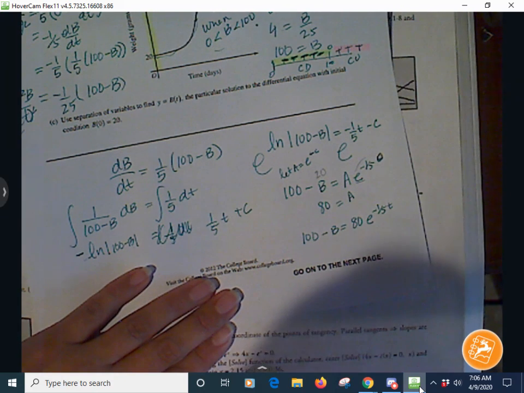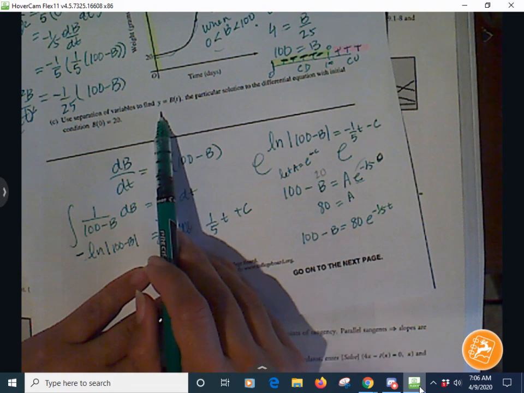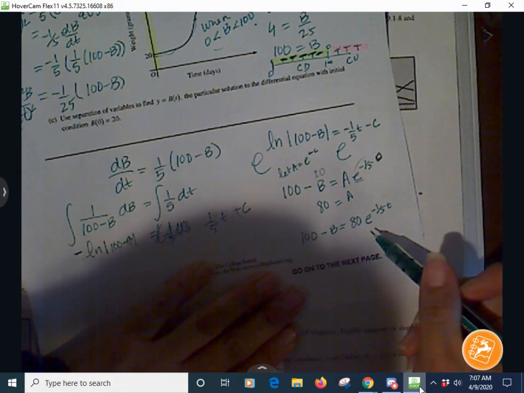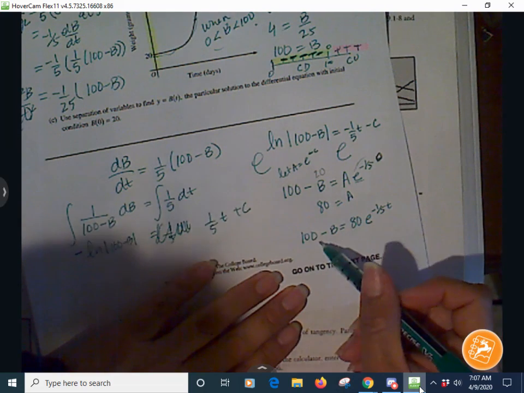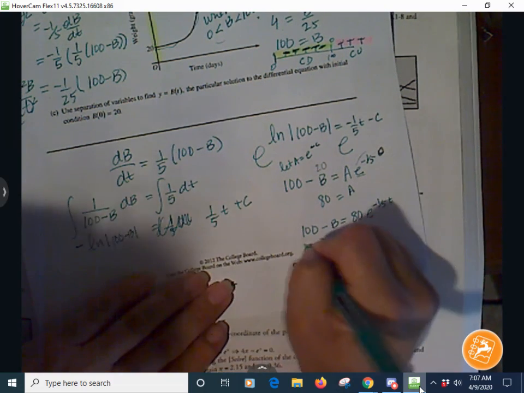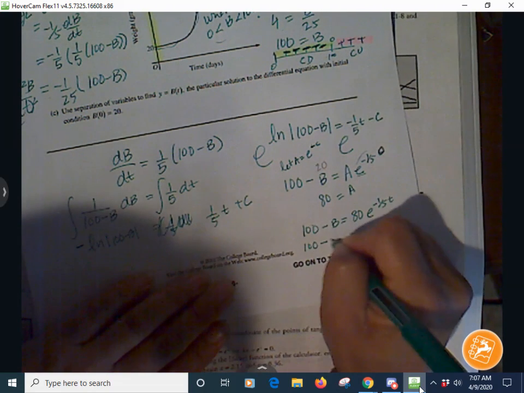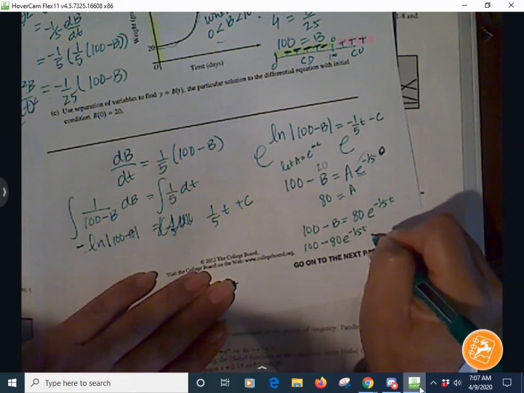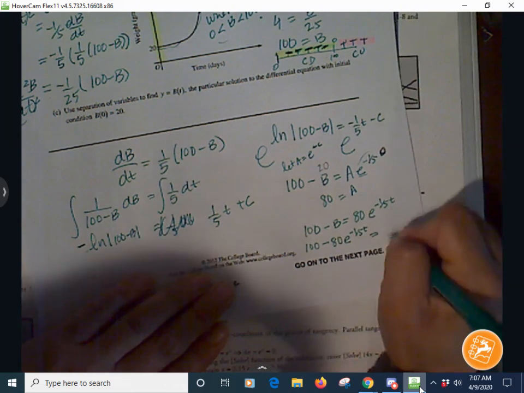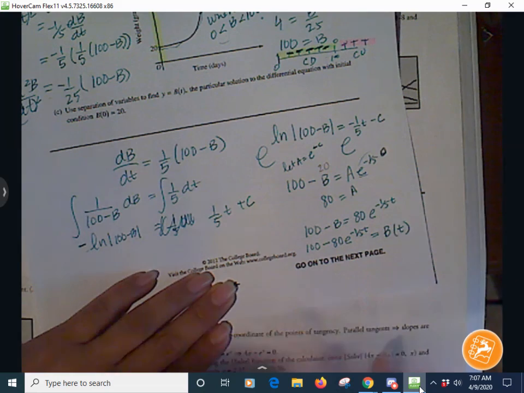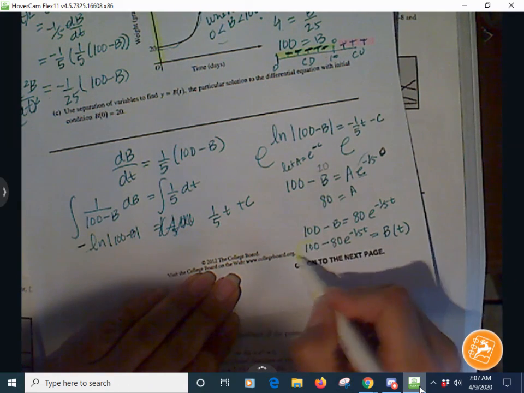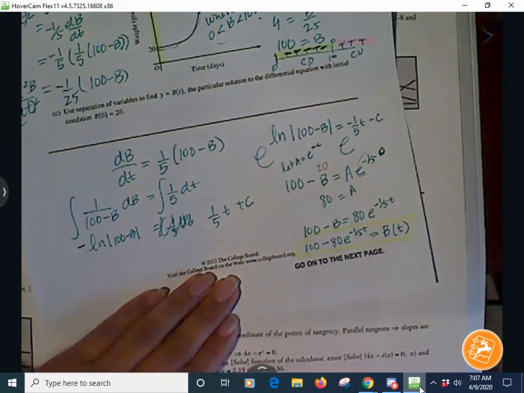And we are supposed to solve for B of t. It's supposed to be y equals B of t. So I am going to move this over: 100 minus 80 e to the negative 1/5 t is equal to B, and add the B. And that's what I would have for my B of t. And that's it. Thank you.